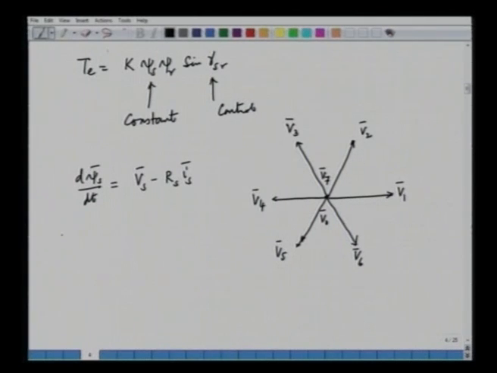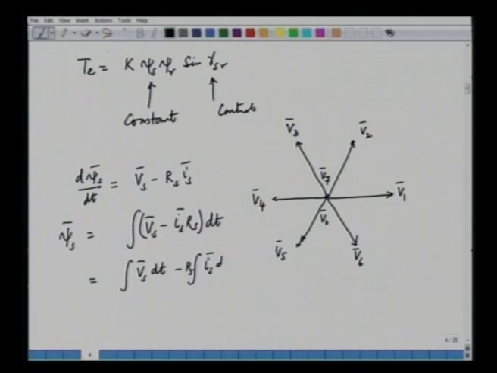So, this is the induced EMF. If you want to find out the flux linkage psi s, we can integrate this Vs minus Is Rs into dt. So, this is integral of Vs dt minus Rs, which I can take common, integral of Is dt.